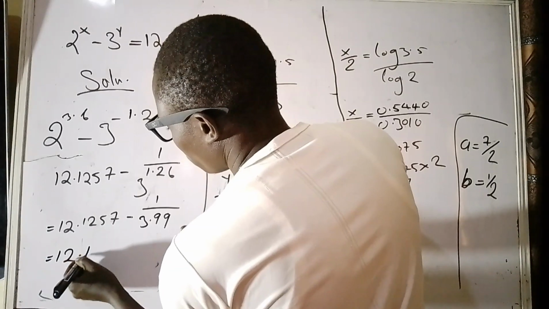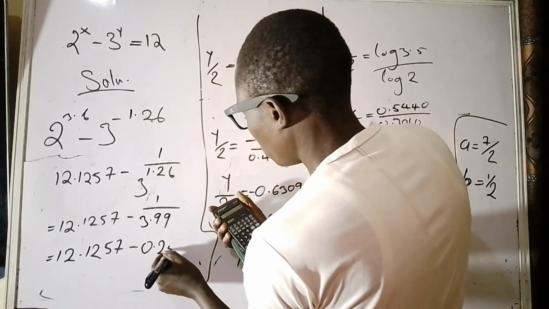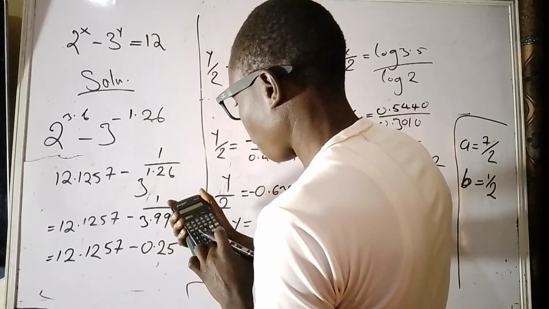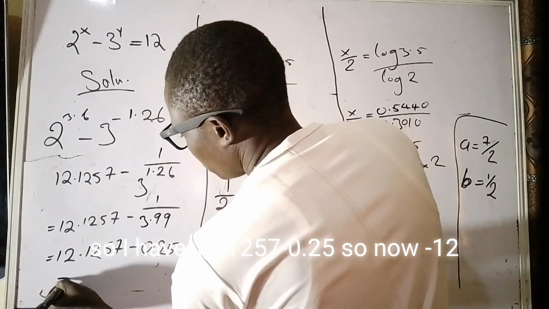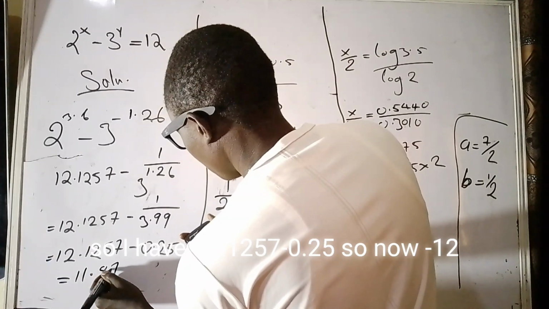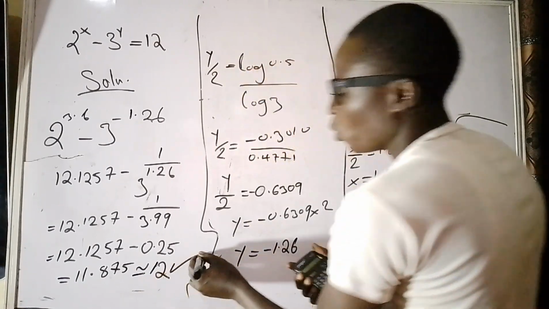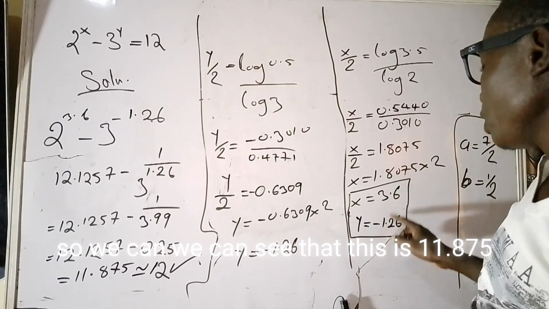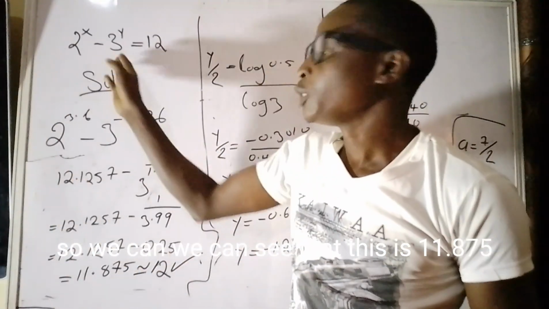So I have 12.1257 minus 0.25, which is 11.875, approximately 12. So we can see that 3.6 as the value of x and minus 1.26 as the value of y satisfied this particular equation.